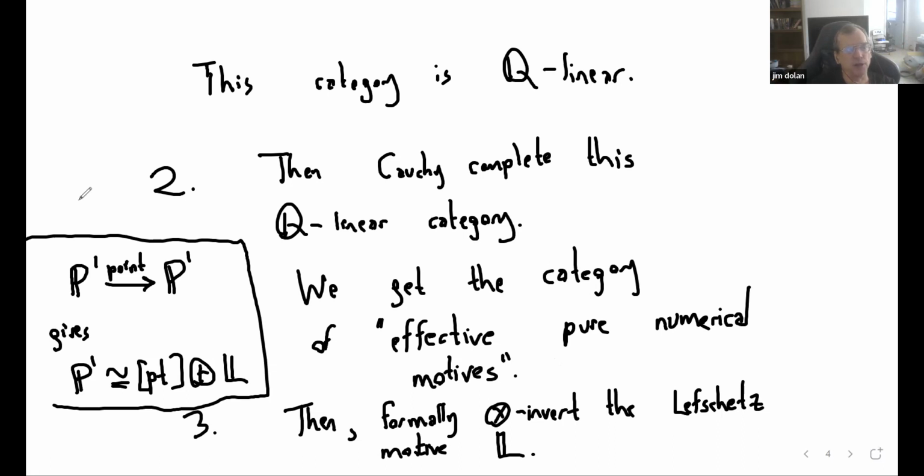So the circle is like a walking loop, obviously. It's like a walking endo.